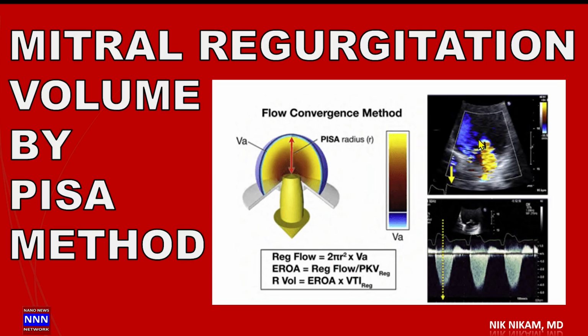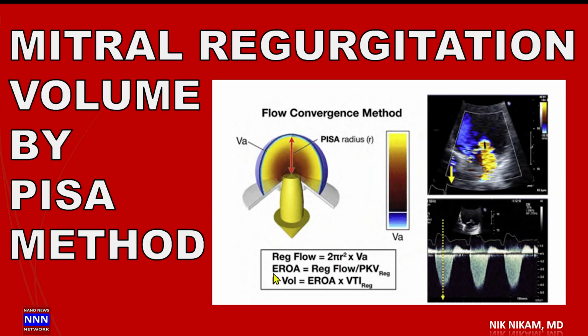So when we get this, we get the mitral flow, that is ml per second. Flow is different from mitral regurgitant volume. Flow is how much blood is flowing back into the atrium during 1 second.